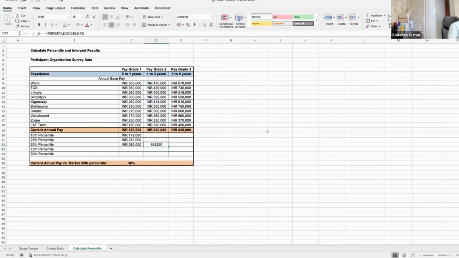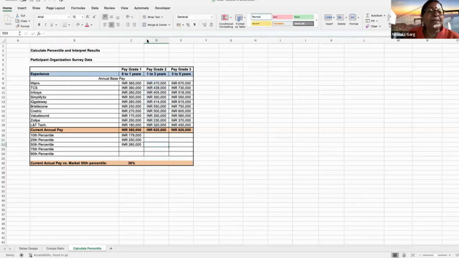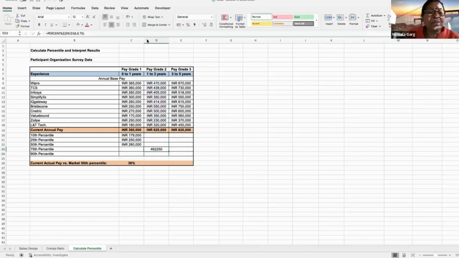The percentile will be the salaries array. Yes, correct. And 0.75 for the 75th percentile. Very good.